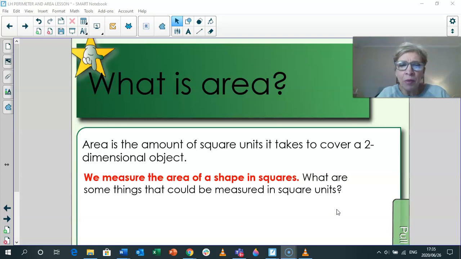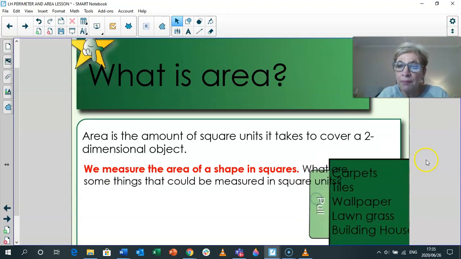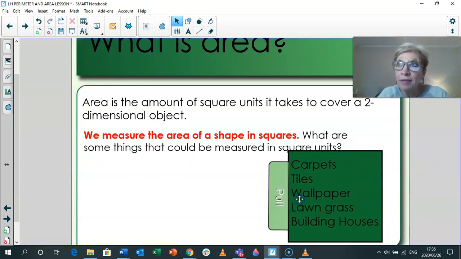What are some of the things that we could measure in square units? And you're probably still thinking, but persevere, guys. So we could measure carpets, tiles, wallpaper, lawn grass, and building houses.